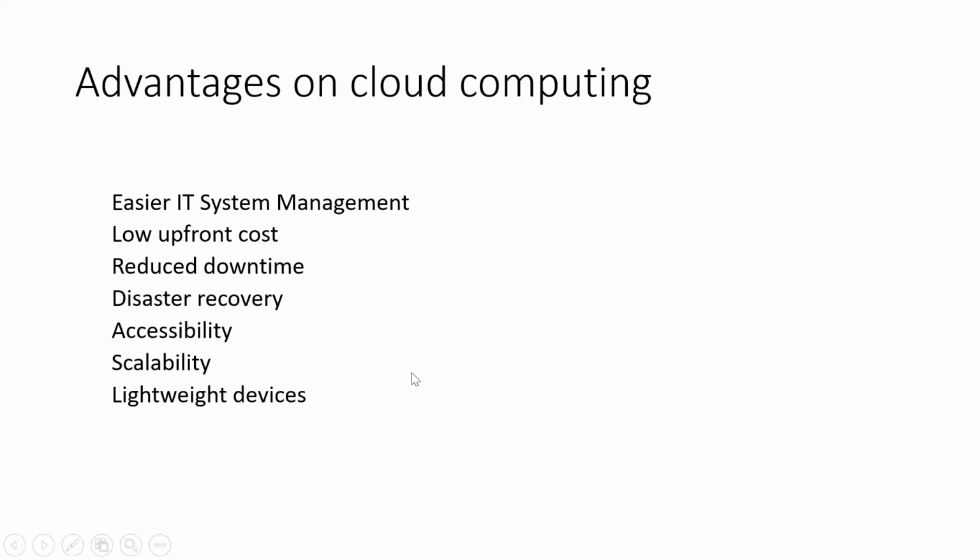Disaster recovery. This is one of the important things. You are launching particular servers in a particular location, so physically they are in a particular data center. Suppose some disaster happens and damages the data center, but your data and everything should be restored in another location.